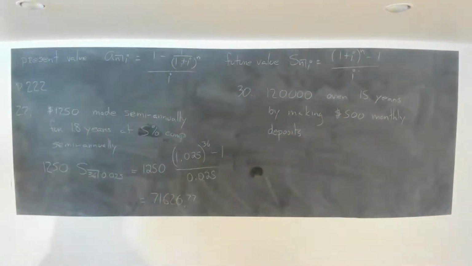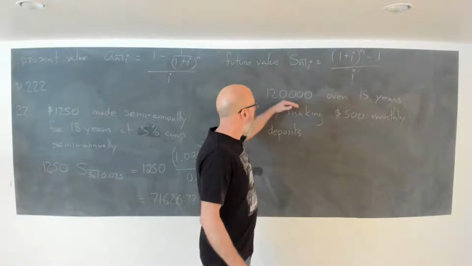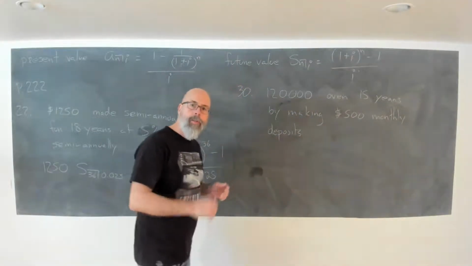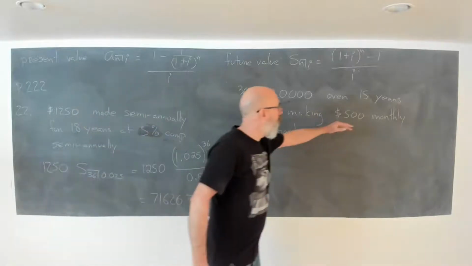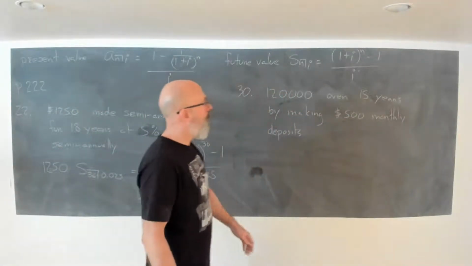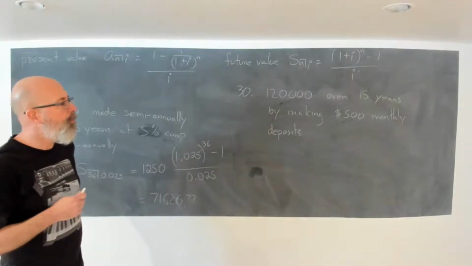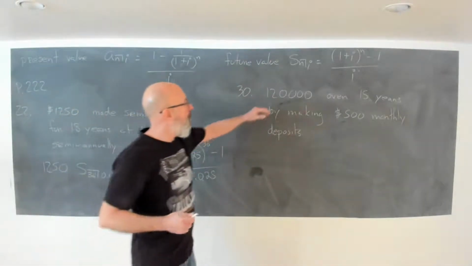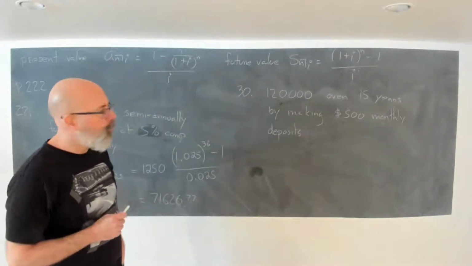Right, so the idea is this. Suppose you want to retire and your goal is $120,000 for retirement, and you can only afford to make $500 monthly payments. What must the interest be to guarantee that you have $120,000 when you retire?